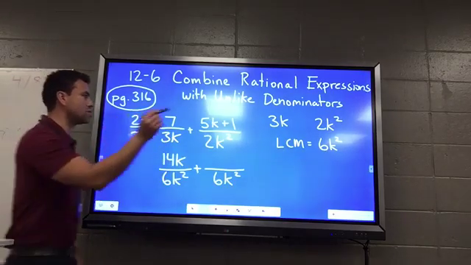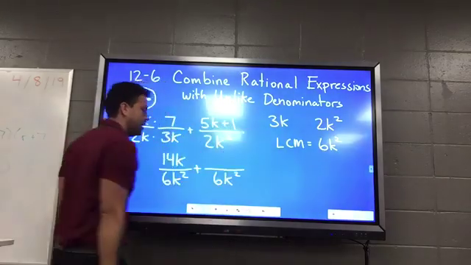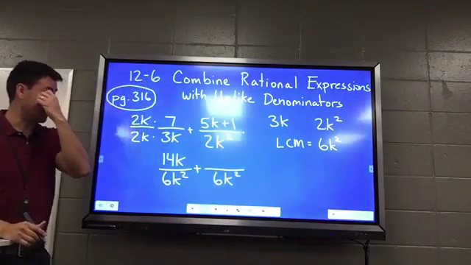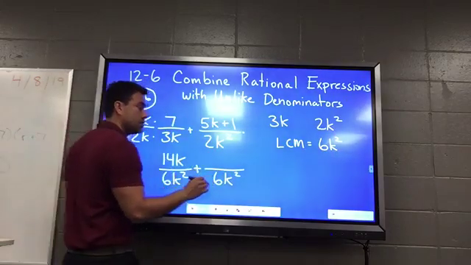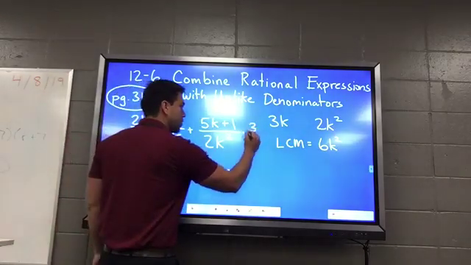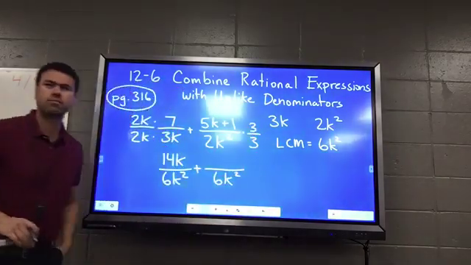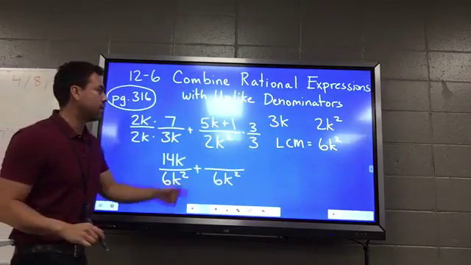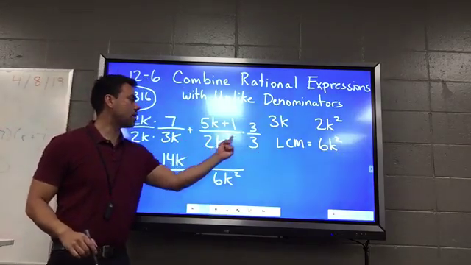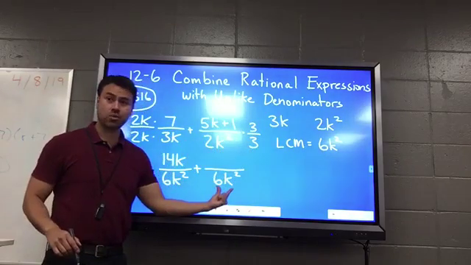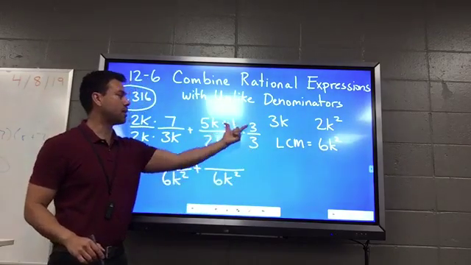All right, what do you think I should multiply the second fraction by? Just 3. Just 3 over 3, which is worth what? What's 3 over 3 worth? 1. Okay, what's 2k squared times 3? 6k squared. But be careful up here, guys.